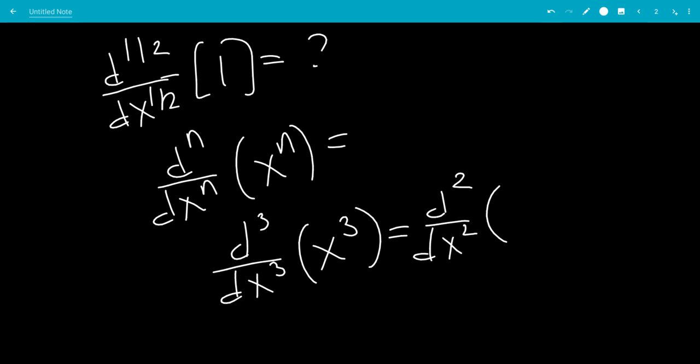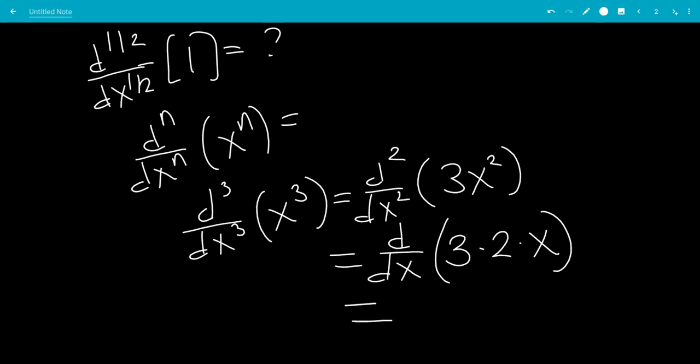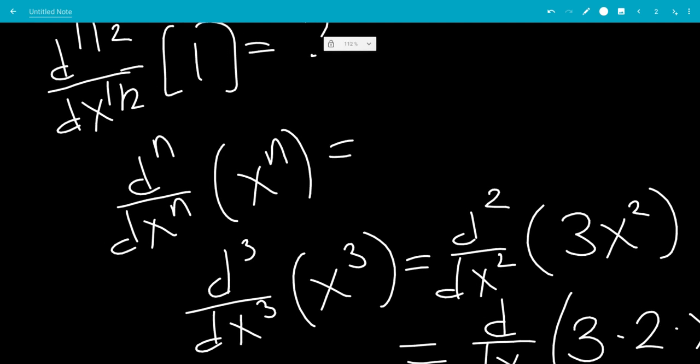So let's take the derivative, which would be 3x squared. So this would be the first derivative. Now you do the derivative, so this will be 3 times 2 times x. Now to do the derivative, so this will be 3 times 2 times 1, which is 3 factorial, which means the nth derivative of x to the n is n factorial.